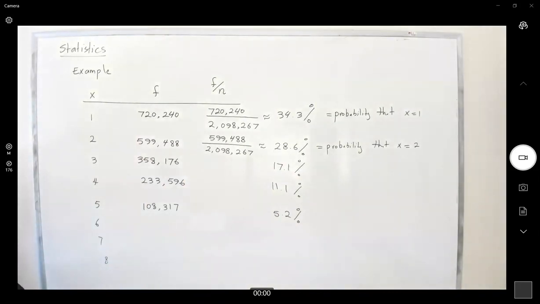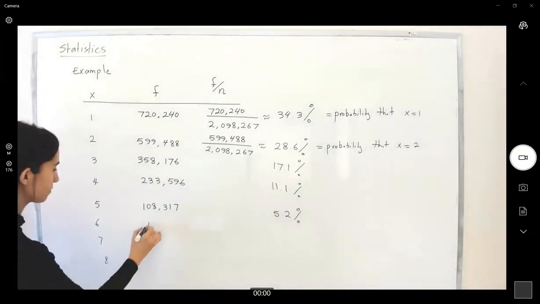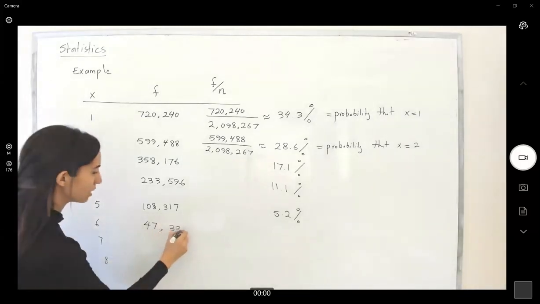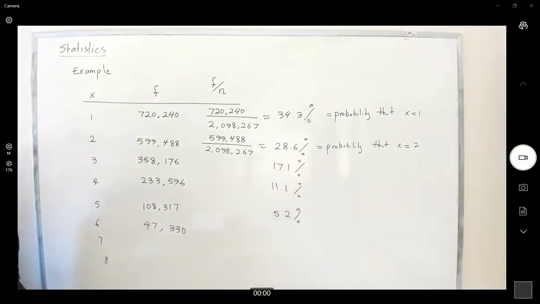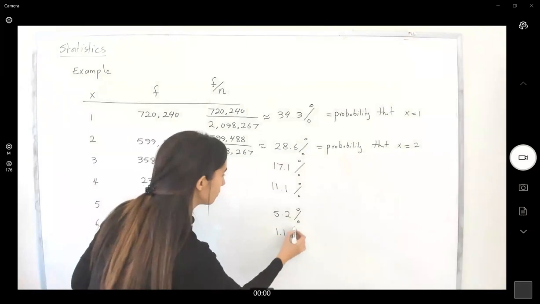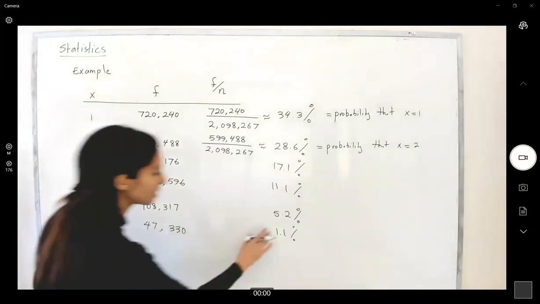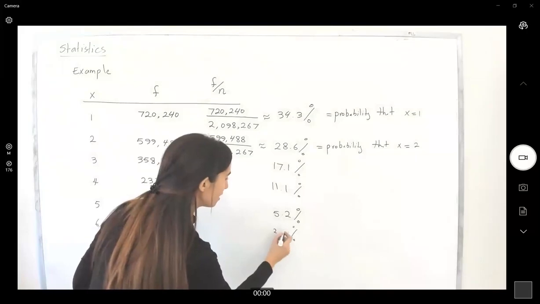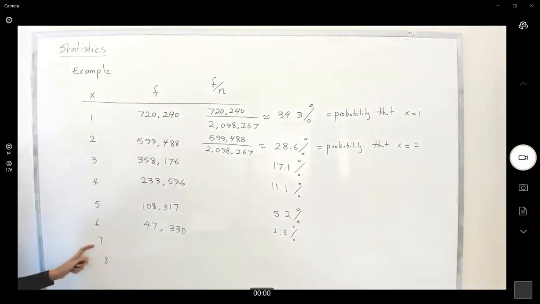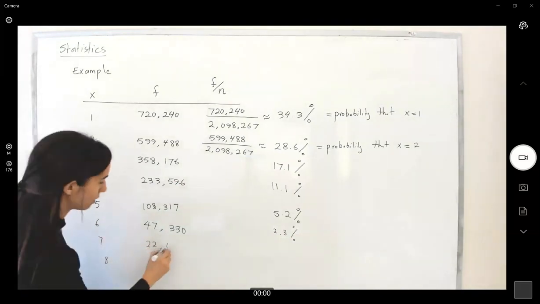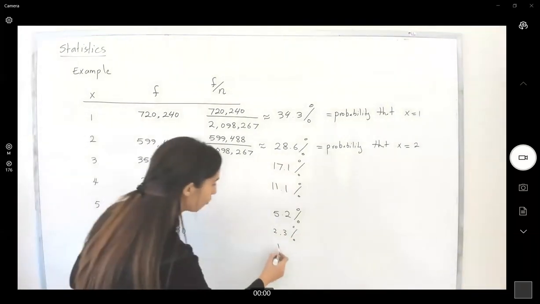Well, when X is equal to 6, we get 47,330. These numbers are given to us. We just need to find the relative frequency, which is 2.3%. For 7, you have 22,032, which is 1.1%.